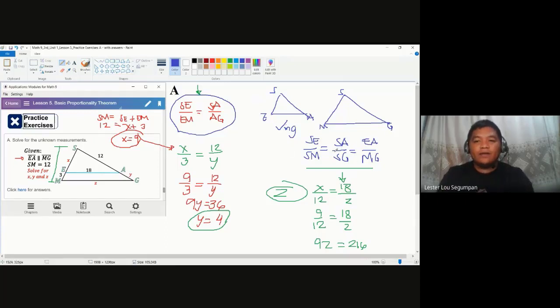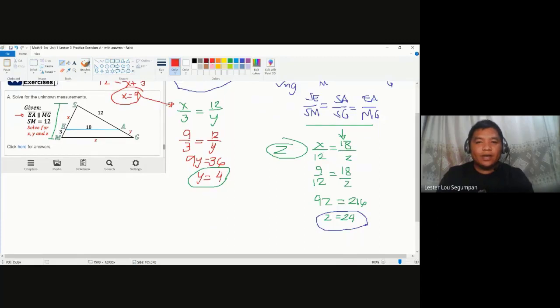So we have SE, which is x over SM, which is 12 as given, must be equal to, this is checking already, SA, which is 12, over SG. G is y, which is 4. So SG is 12 plus 4, which is 12 plus y.